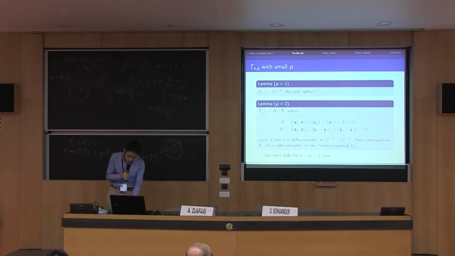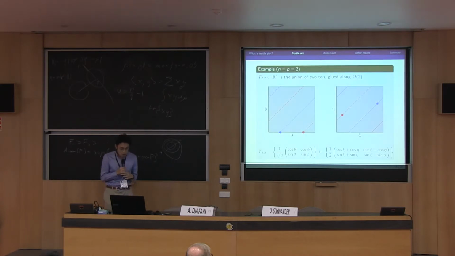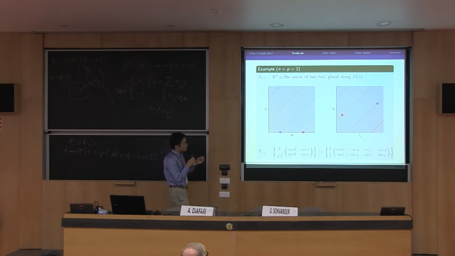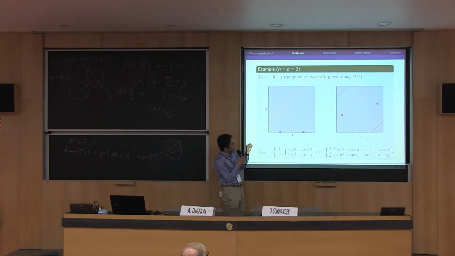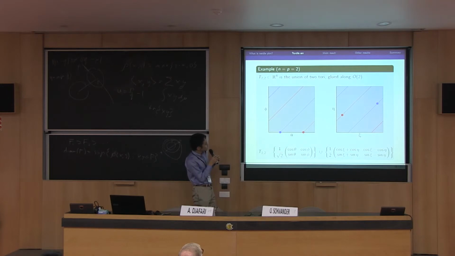See the next slide for the n equal p equal 2 case. T_2,2 in R^4 is the union of two tori glued along O(2), the orthogonal group.